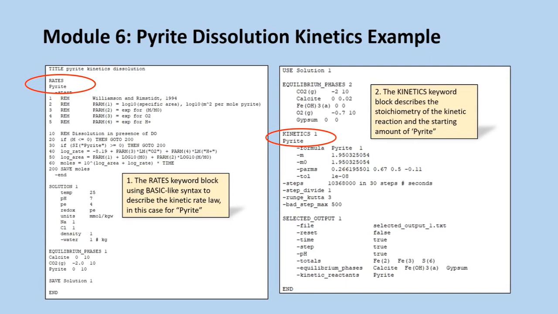Note that the dissolution rate here depends on the specific surface area of pyrite, the dissolved oxygen content of the solution, and the pH. The initial amount of the kinetic reactant and the time-stepping constraints for the simulation are listed under the kinetics rate law block. Here, M refers to the initial mass of the kinetic phase pyrite in moles.